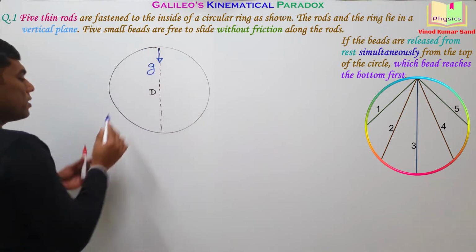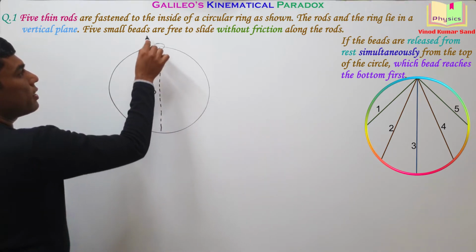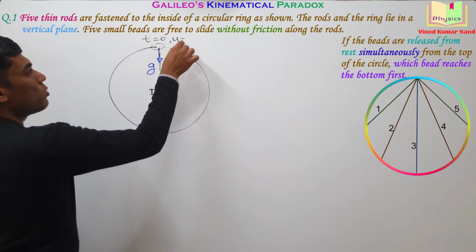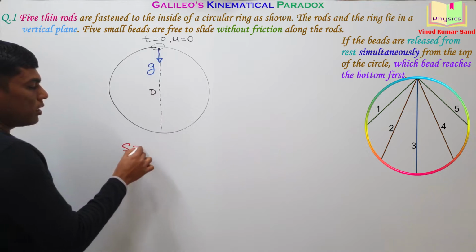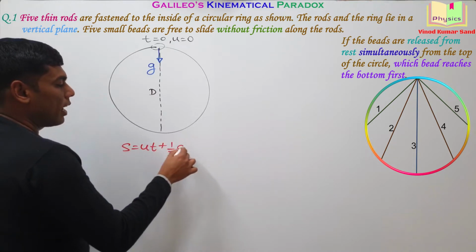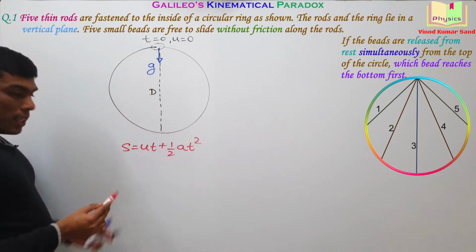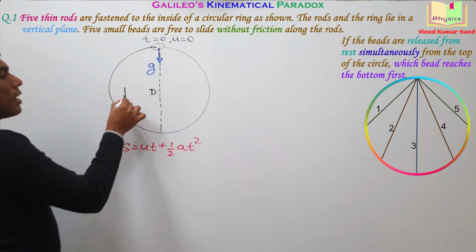A bead starts from here. At t equal to 0, u is equal to 0 for this bead. We can use the second equation of motion, s is equal to ut plus half at square. For doing the calculations, we are taking this direction positive.